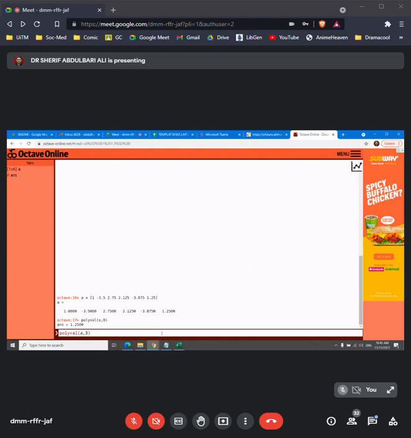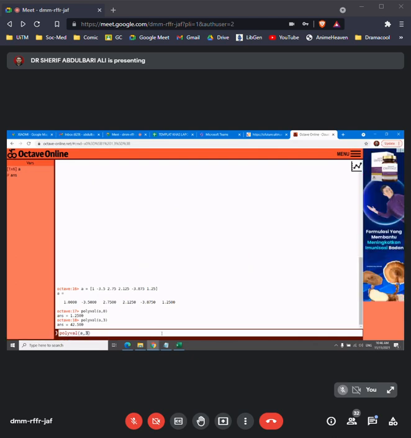So just write polyval A. When x is equal to 3, this polynomial will be equal to 42.5. How about if x is equal to 4? It's 323.75. So this is the way you can evaluate your polynomial.